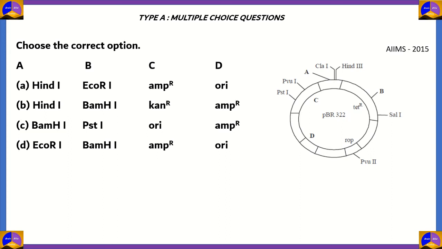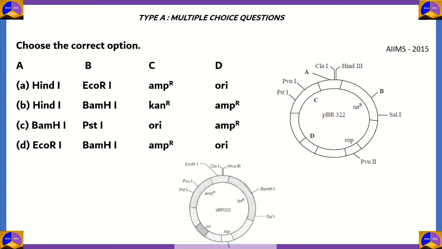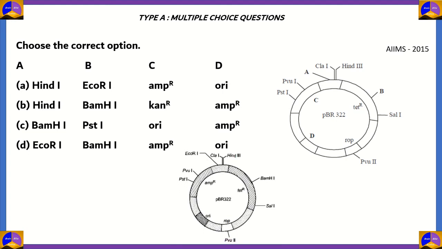So we need to find out what is A, what is B, what is C, and what is D. If you look at a labeled diagram for the same, you can see that A refers to ECORI. If you look at A being ECORI in the 4 options, you can see that option D already becomes the correct option.